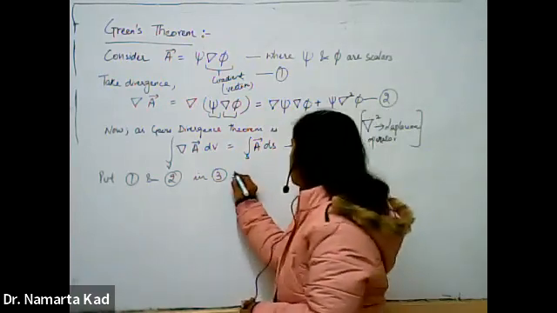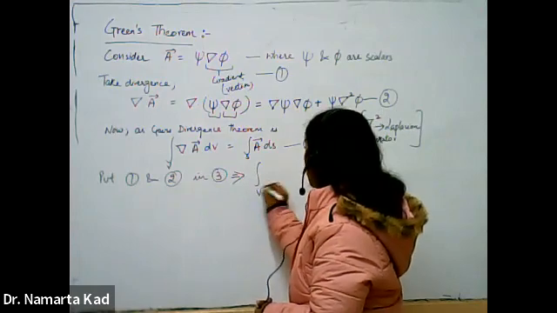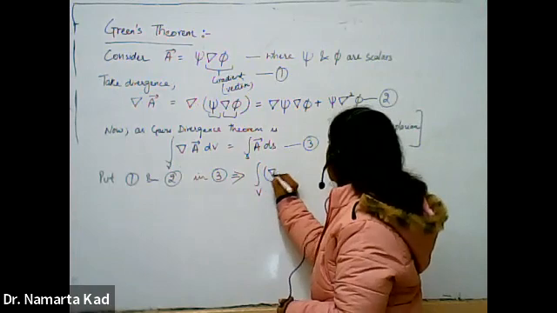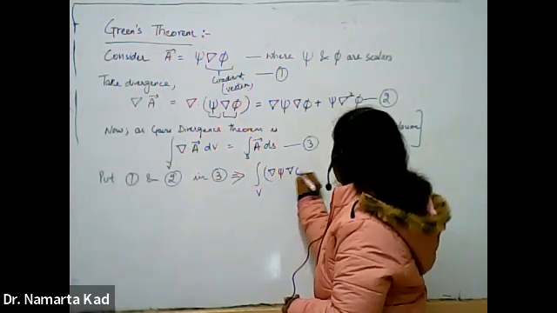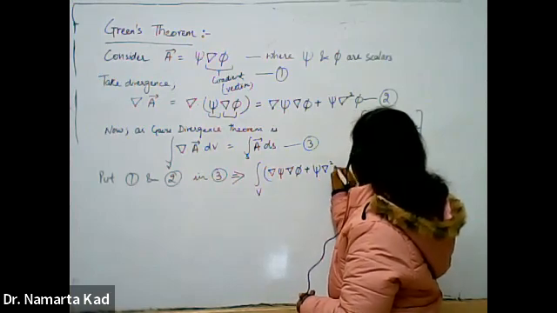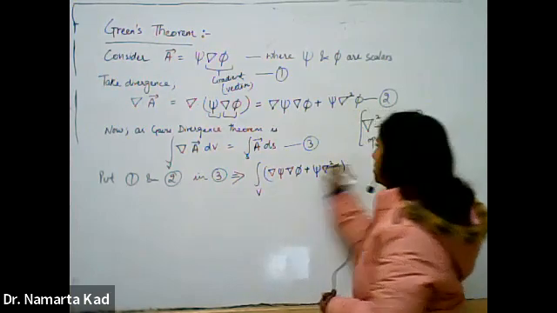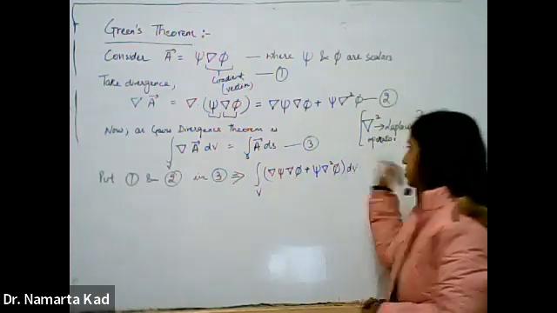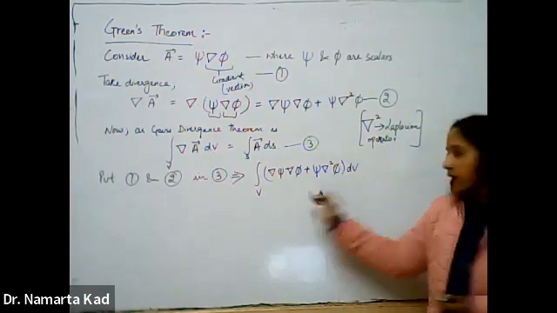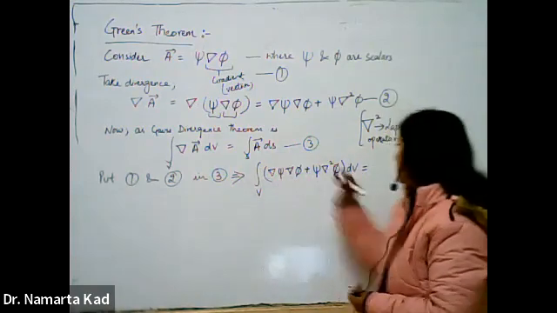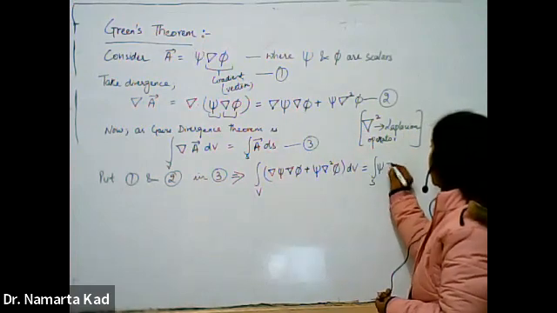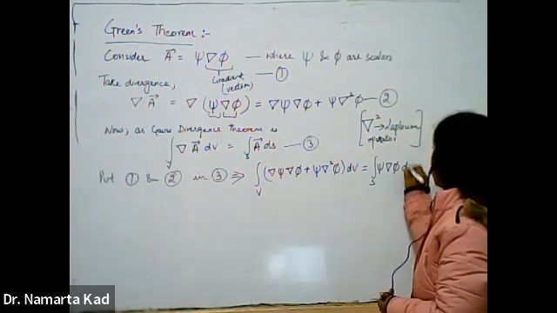So it comes out to be the volume integral of del dot A, which is del psi del phi plus psi del square phi dV, equal to the surface integral of A dS, that is psi del phi dS.